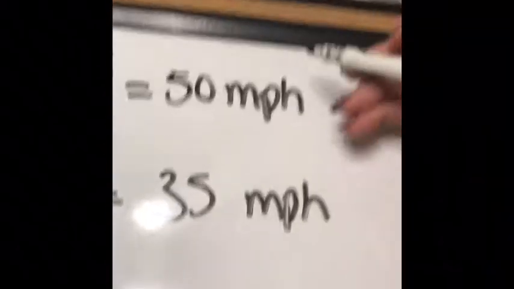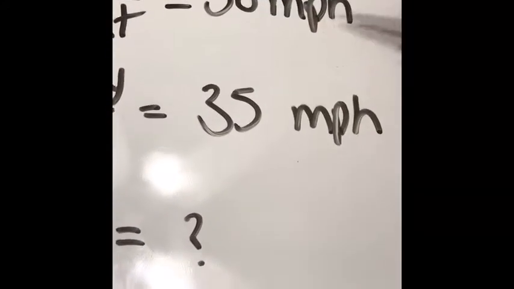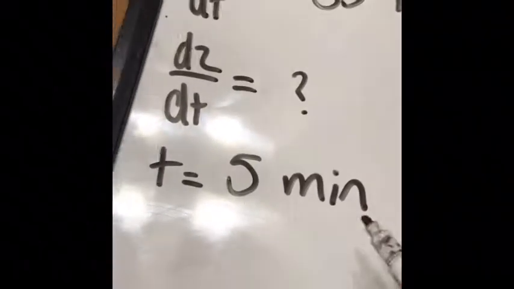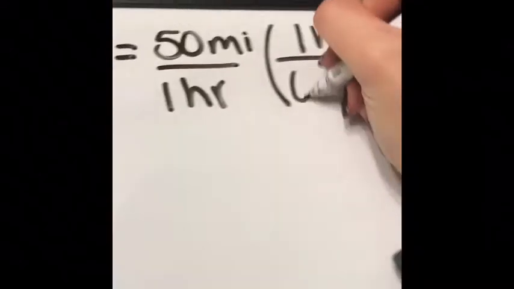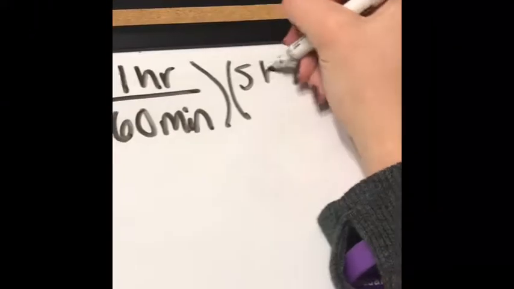So since our units are given to us in miles per hour, we have to change miles per hour into first miles per minute, and then we multiply it by the 5 minutes to see how far the distance is. So for Emma, x would equal 50 miles in 1 hour, and in 1 hour there are 60 minutes, and then the time is 5 minutes.